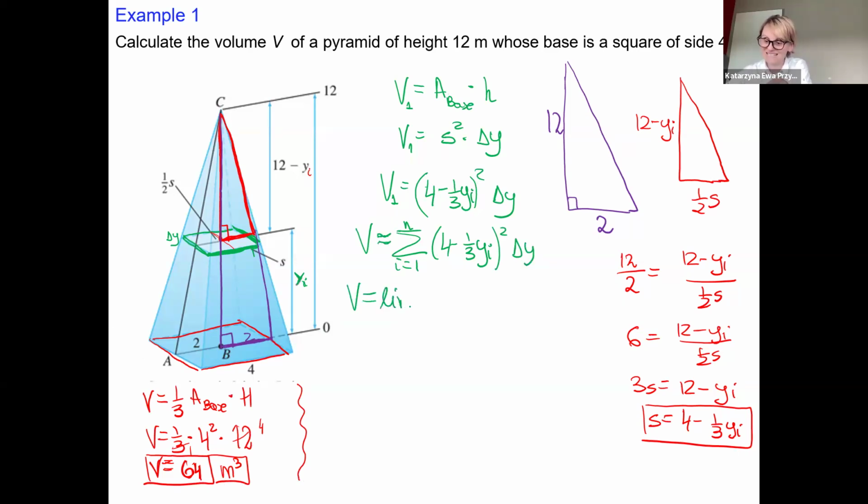Now, when we take infinitely many of those, n goes to infinity, 4 minus 1/3 Y sub I squared delta Y.